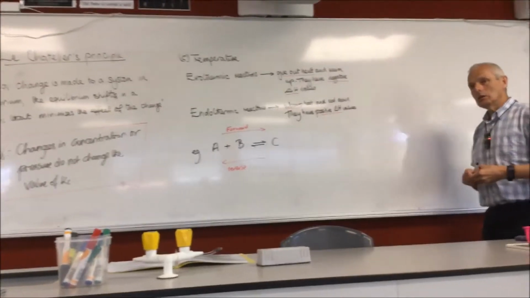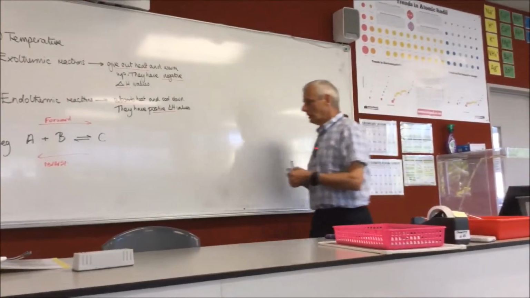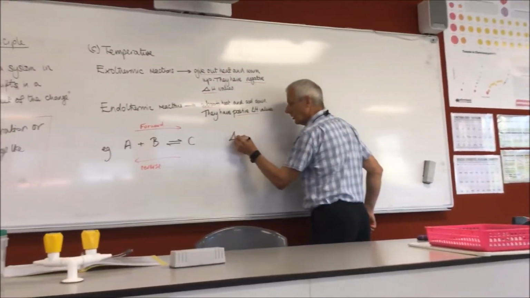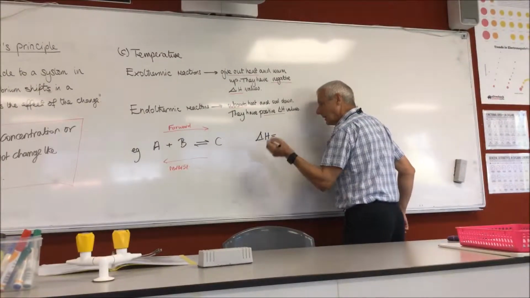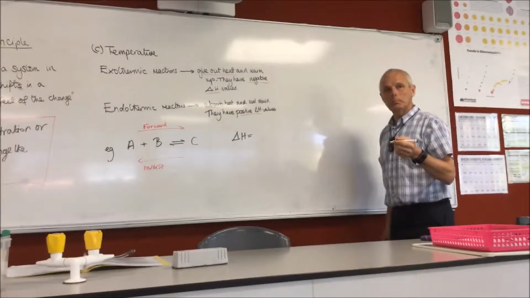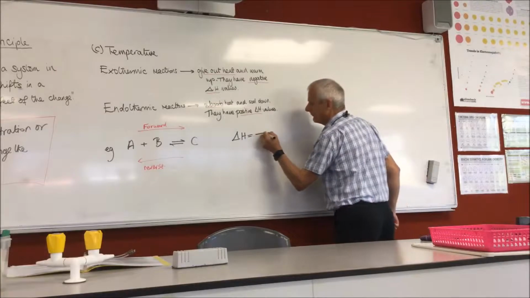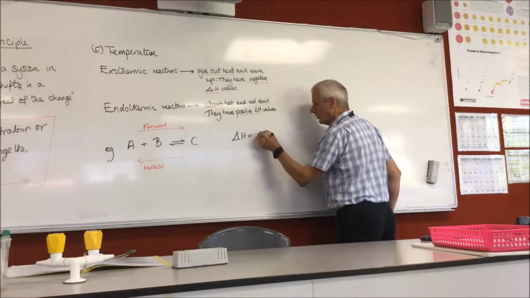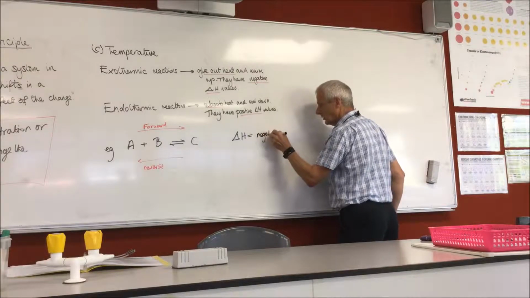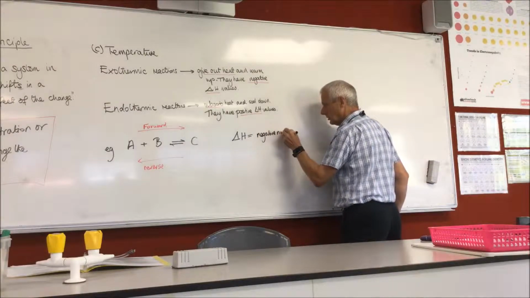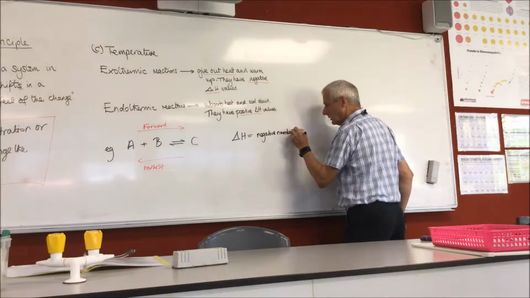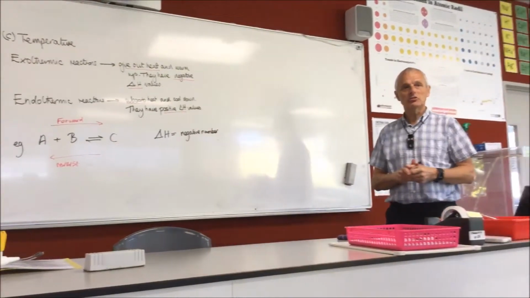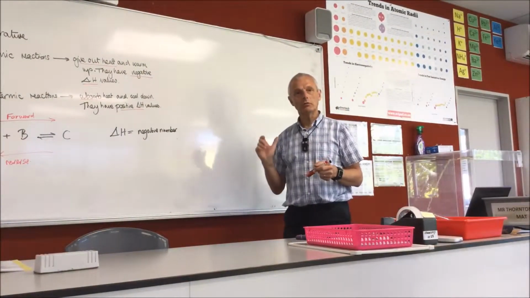And generally, what often happens is you get a value here, and let's say it's a negative number. The problem is we've got two reactions here, the forward and the reverse.